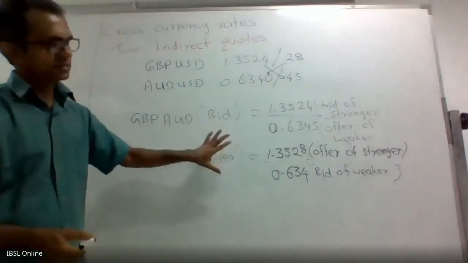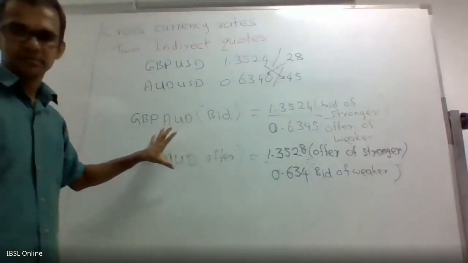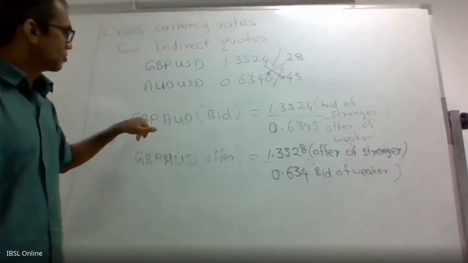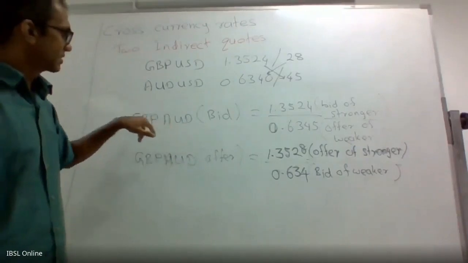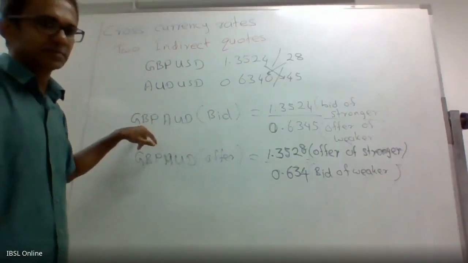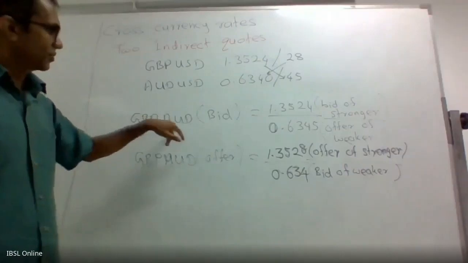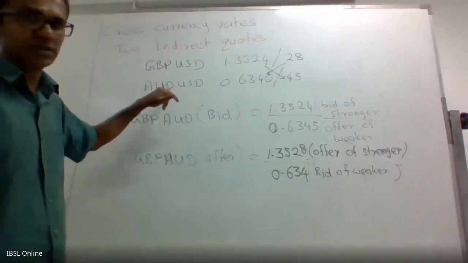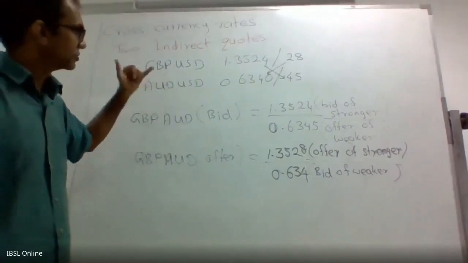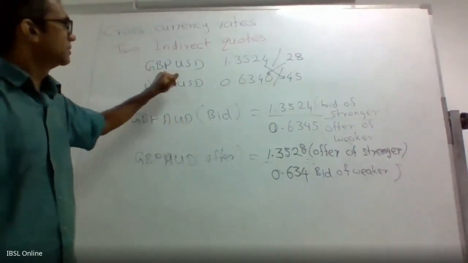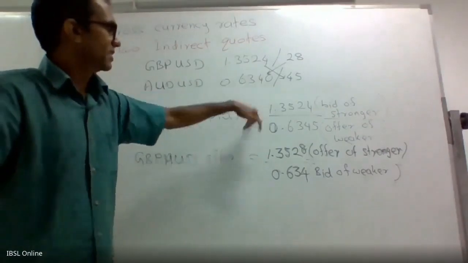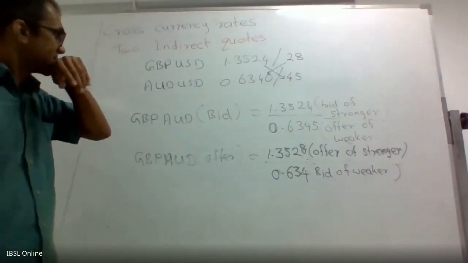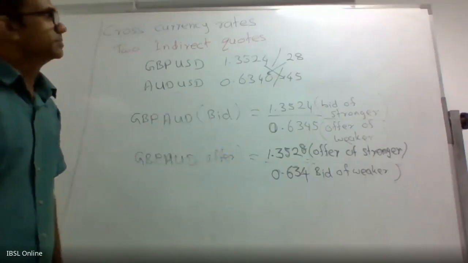Again, behind this calculation, the same economics applies. To buy AUD against sterling, first you have to sell sterling against dollar, then use those dollars to buy AUD. That's why these rates apply in this way.